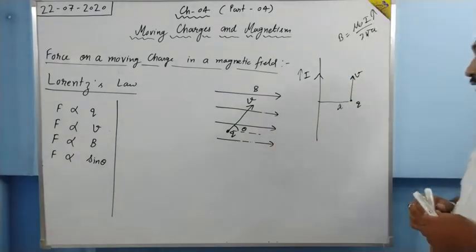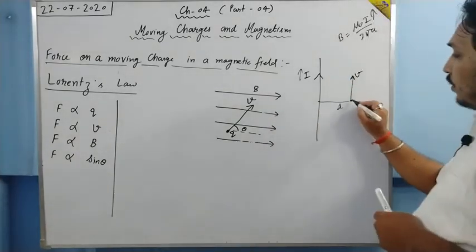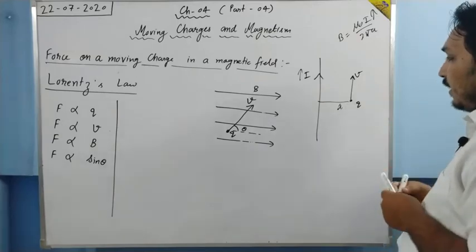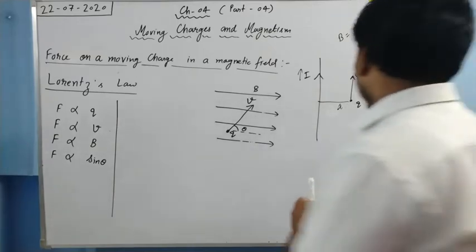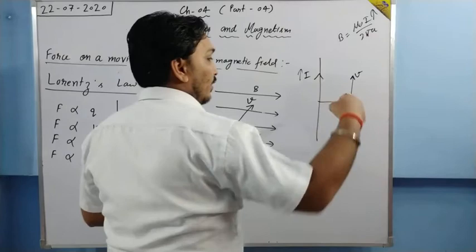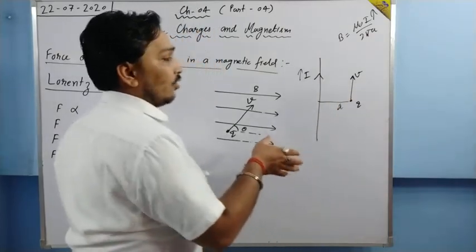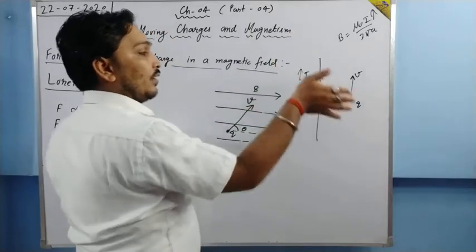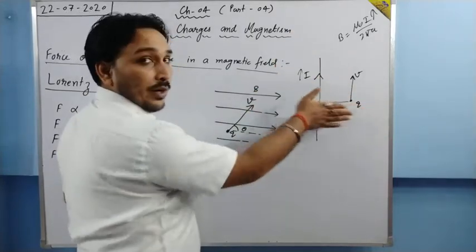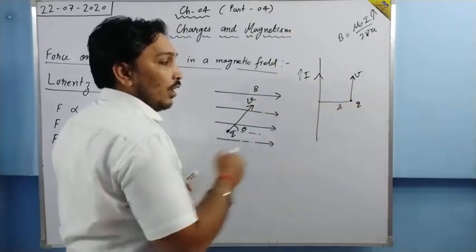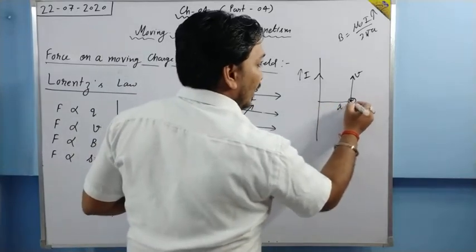And what about the sine theta? What we observe is that if this charge is displaced in this direction, in which the magnetic field is already there. Suppose this is the current. At this point, the magnetic field is perpendicular inward. I have told you the palm rule. So basically at this point, the magnetic field is inward.